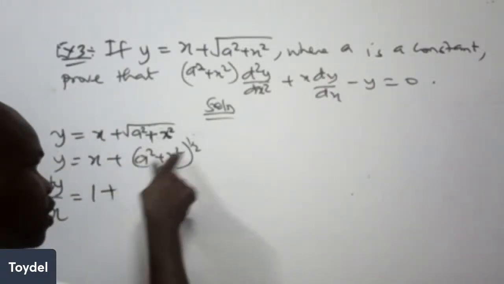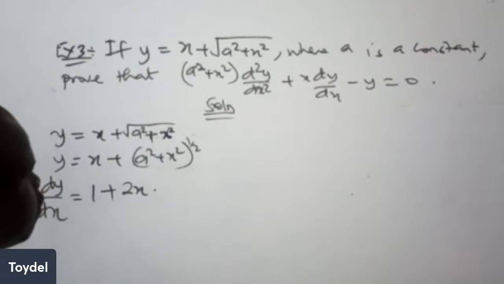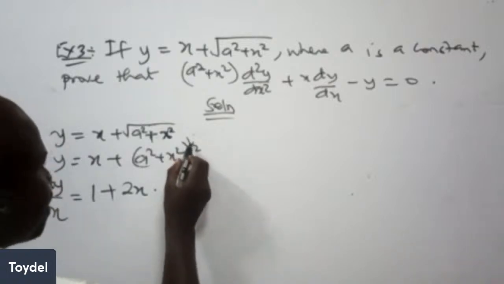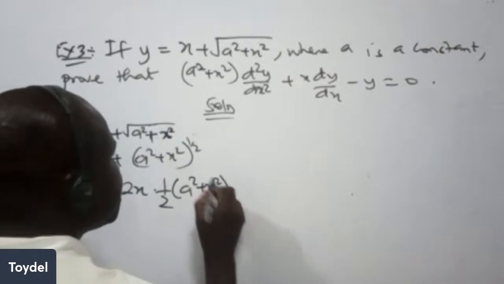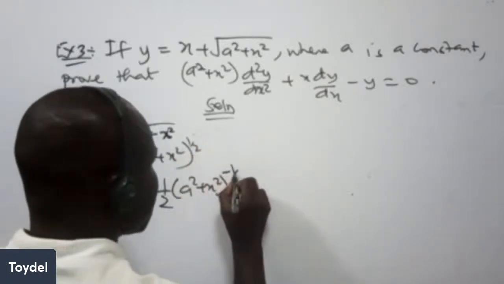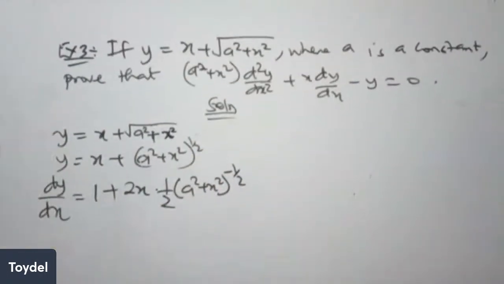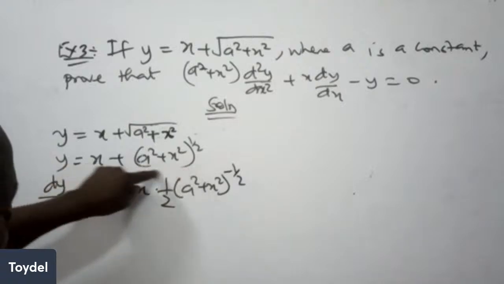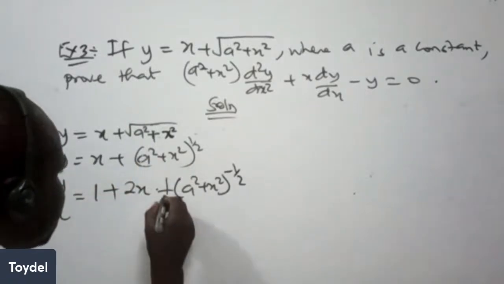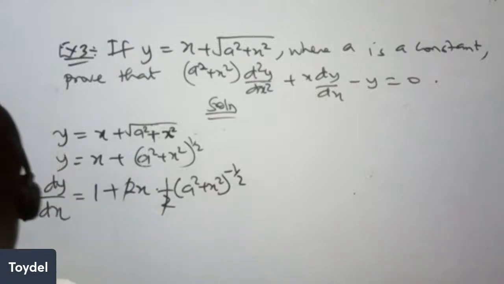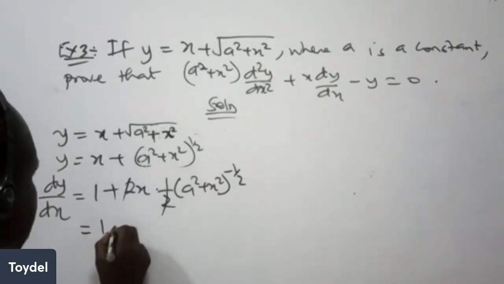Then I'm going to have 2x as the core, multiplied by the power coming down, 1 over 2 into the bracket a² plus x², and you subtract 1 from the power, minus half. So for you to be able to differentiate this other part of y, go and check my video on function of a function. You have an idea of what I've done. The 2 will cancel this, and at the end of the day, I'm going to get 1.